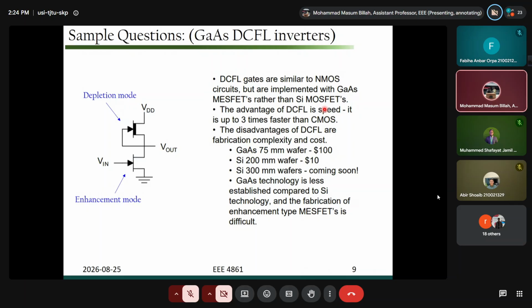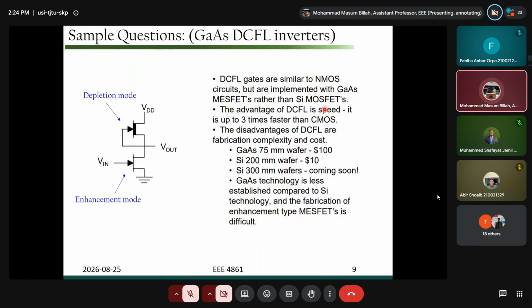There are so many topics. So please study BiCMOS and gallium arsenide carefully. No fabrication part is included. However, conceptual questions about the device itself and circuits you should know, but not big circuits, small circuits.